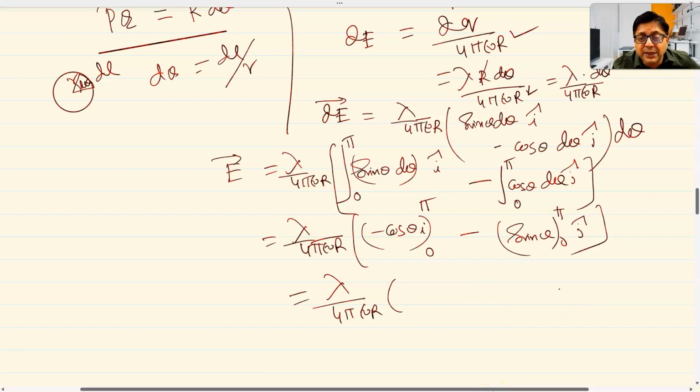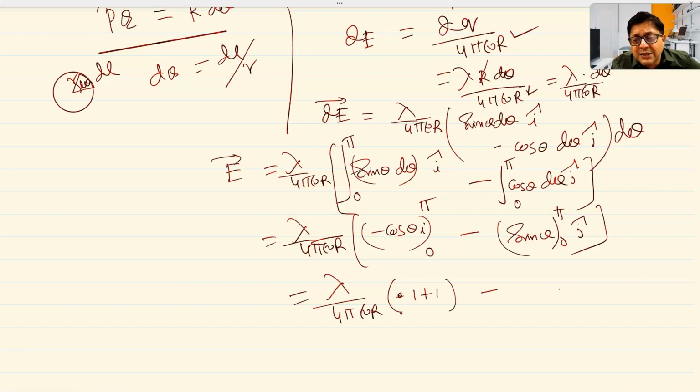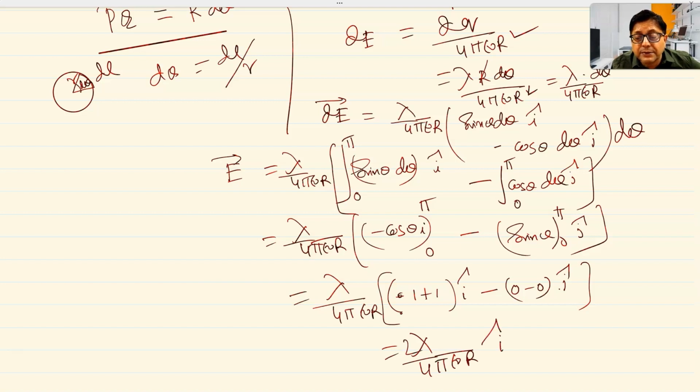Just a minute. This is lambda by 4 pi epsilon 0 r, minus cos pi is 1. Minus minus plus 1. Minus sin pi is 0, so 0 j cap. This is i cap. So it is going to be lambda by 4 pi epsilon 0 r into 2 i cap.